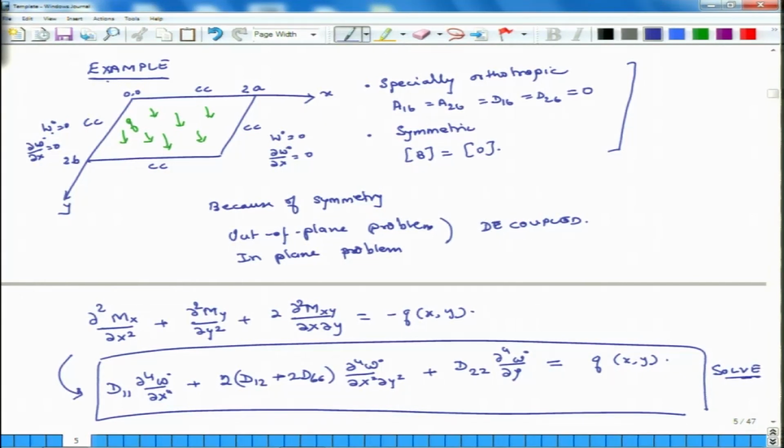Basically, the slope is 0 in x direction and w is 0 on this edge, and then on the other two edges w naught is equal to 0 and del w over del y equals 0, and on that edge also w naught is equal to 0 and del w over del y is equal to 0. Okay. So, these are kinematic boundary conditions. If there were boundary conditions involving M's or N's or Mxy, Nxy, then those would be non-kinematic boundary conditions. These boundary conditions, because they are directly related to u, v and w, we call them kinematic boundary conditions.